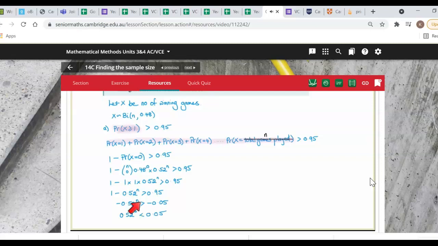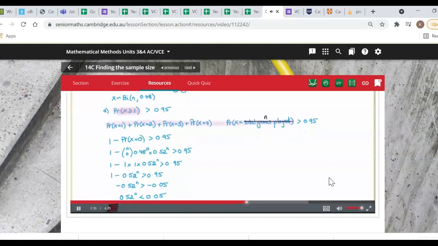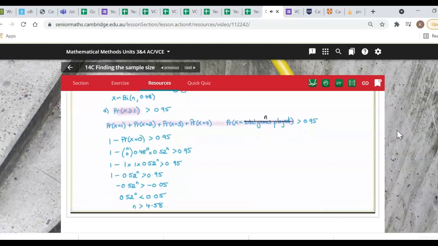Just watch that switching of sign through there when we multiply both sides by -1. Now you can solve this on your CAS calculator and you'll get n has to be greater than 4.58. Now given n is the number of games, it has to be a whole number. So we don't leave our answer as n is greater than 4.58. We say therefore the minimum number of games that need to be played is 5.